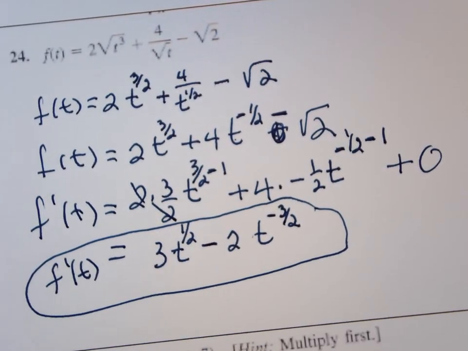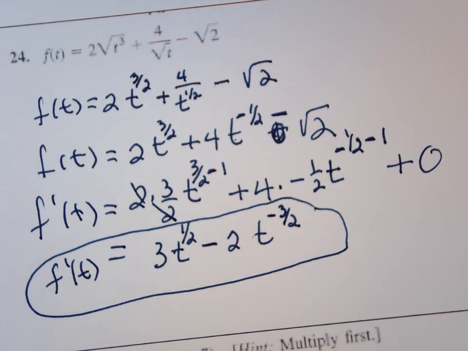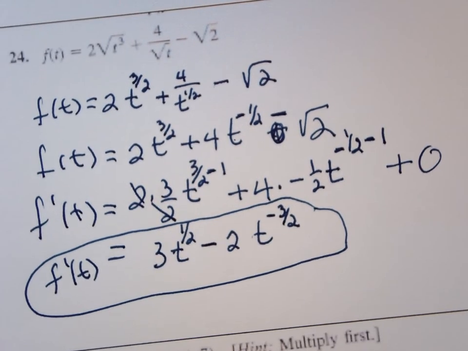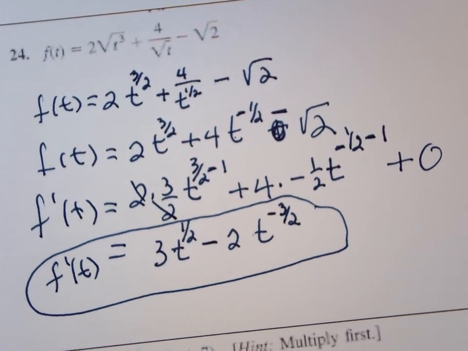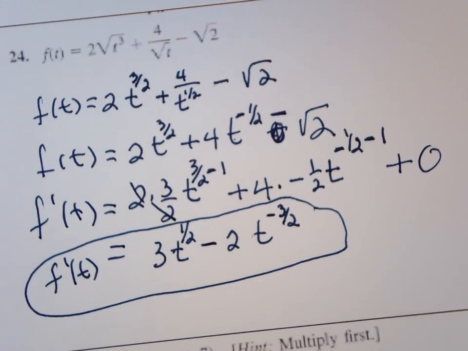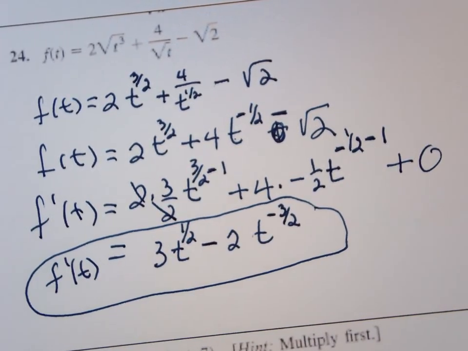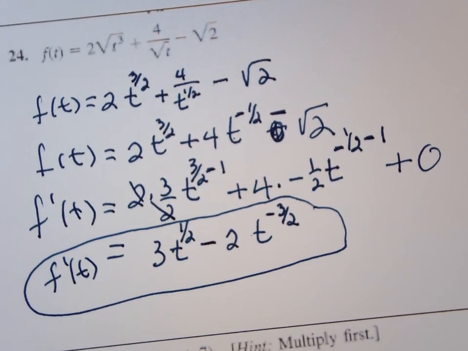Start thinking in fractions, yes. Better understanding of what this is used for. We're going to have tons of applications. Remember what this is. The derivative is the instantaneous rate of change. This is the slope of the tangent line, at any time t. This is the radar gun, the speed. You give me the time that the radar gun trigger was pulled, I can tell you how fast you were going.